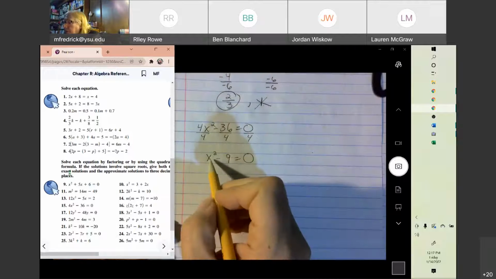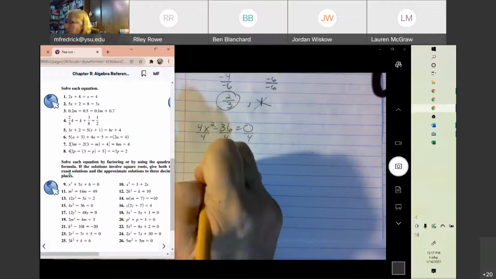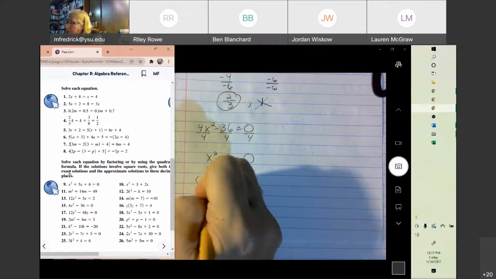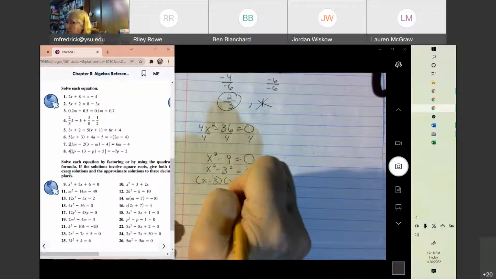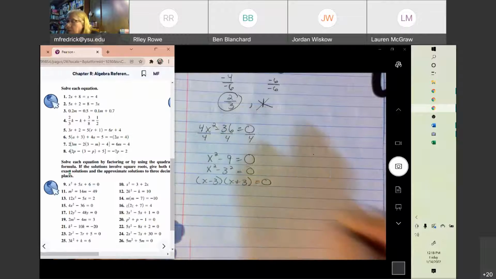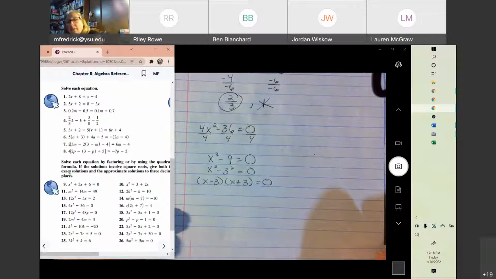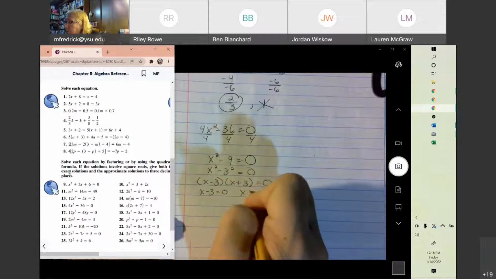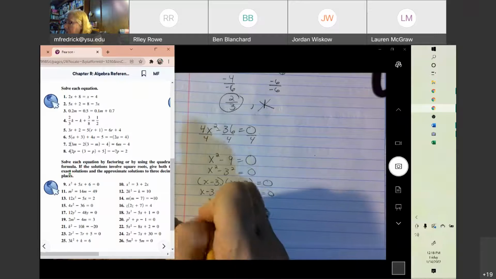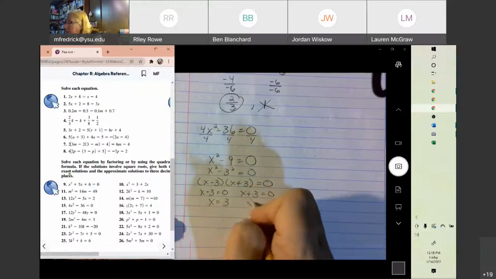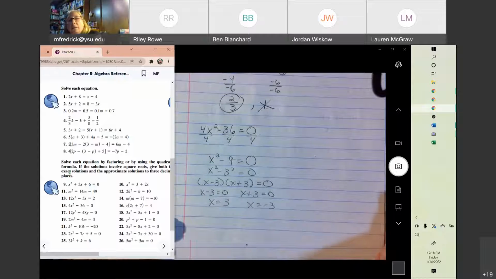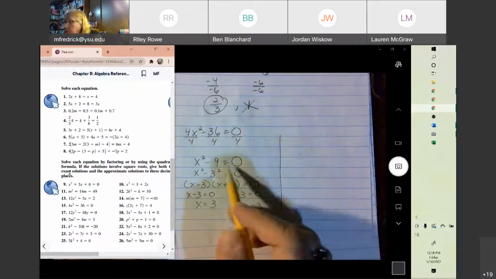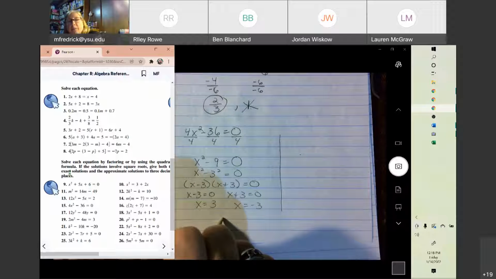Now we could factor, this is the difference of squares because it's x squared minus 3 squared, x minus 3 and x plus 3. And then, remember, once you factor, you set both of those equal to 0. And we get x equals 3 and x equals negative 3. So this would be solving by factoring.